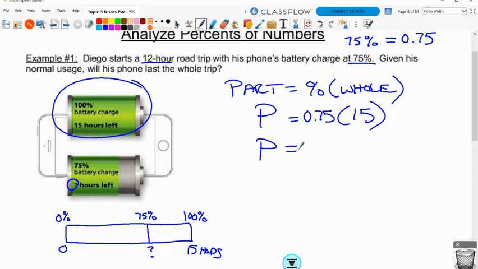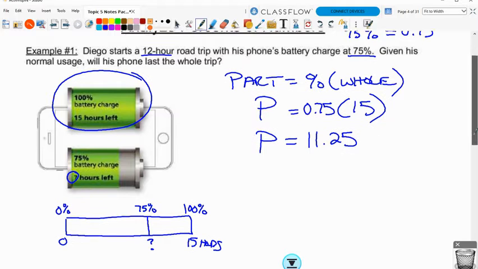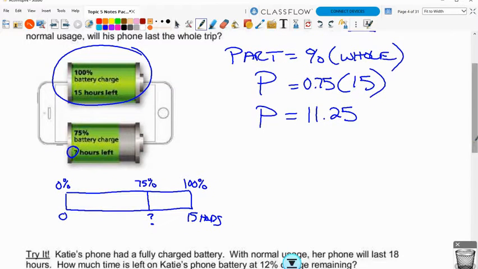If you punch that into your calculator, you're going to get 11 and 25 hundredths. This means, if we go back down to our tape diagram here, this question mark here now, we know is 11 and 25 hundredths hours. That's how long his phone is going to last.